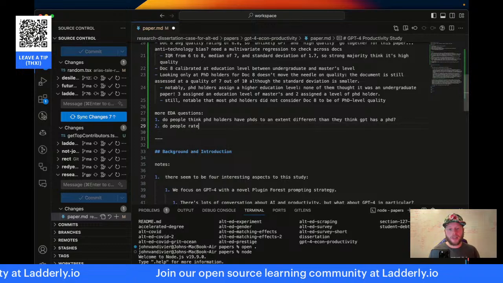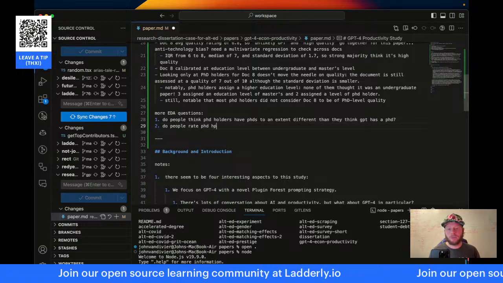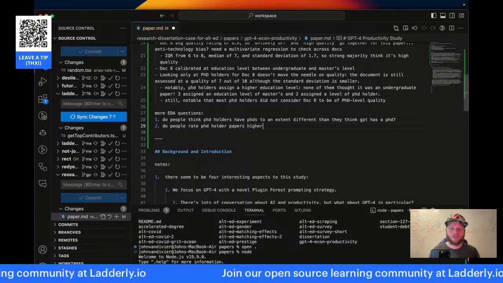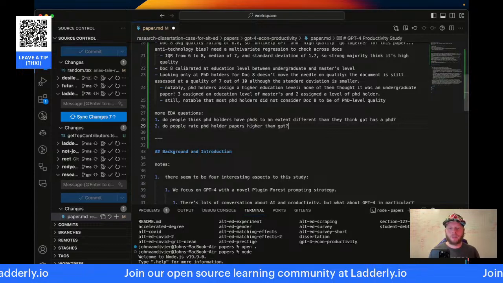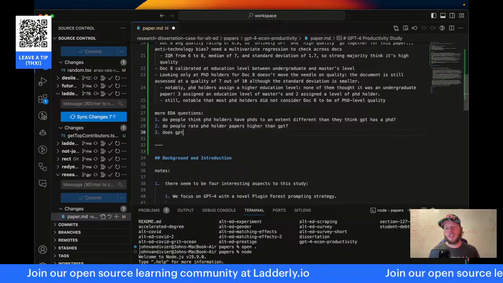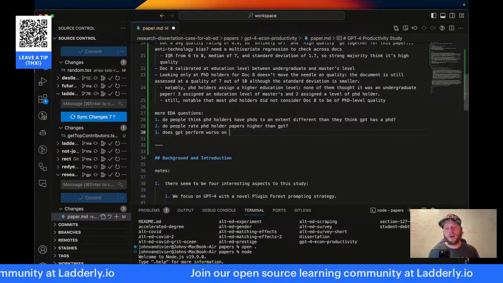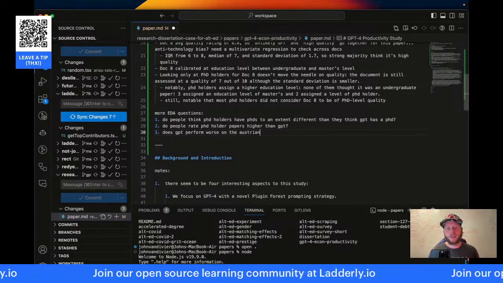Two, do people rate PhD holder papers higher than GPT? Three, does GPT perform worse on the Austrian question?